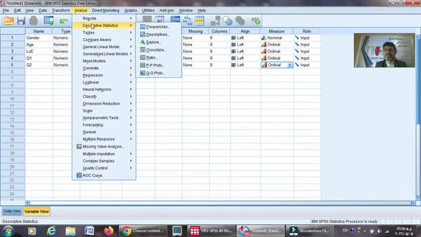We have to assess two things, which are easily applicable through the use of SPSS. The first is normality of the data, because the data should be normal, and we can test it through the use of the normal curve. And the second is internal consistency and reliability of the data, which we can test through Cronbach's alpha.